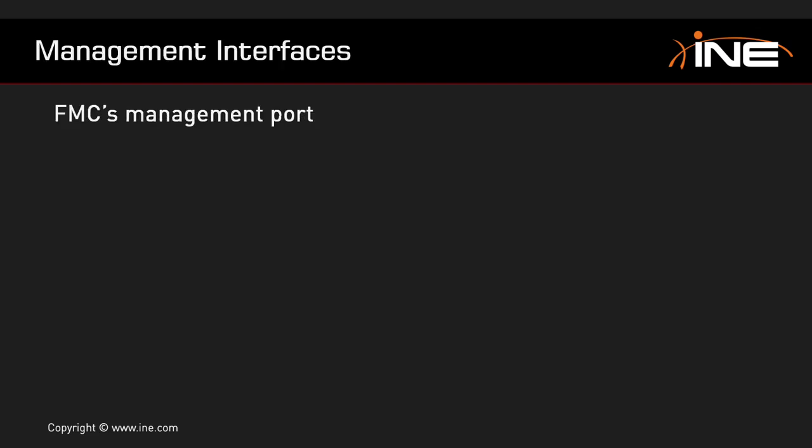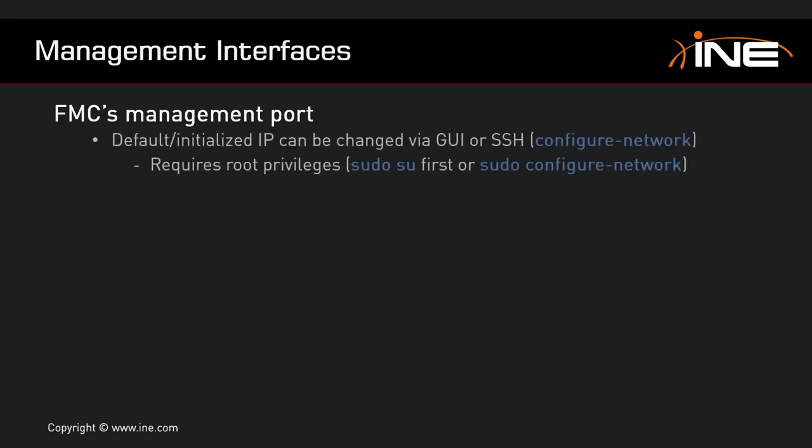Now, the most important thing about the management setup is going to be the proper configuration of management interfaces on both FTD and FMC. In the case of a Firepower Management Center, the actual interface is going to be pre-configured with a certain IP address if this is going to be the physical appliance, or if you go for a virtual appliance, in this case you will provide this address through the virtual console when you install FMC.